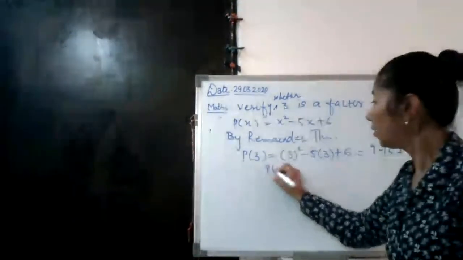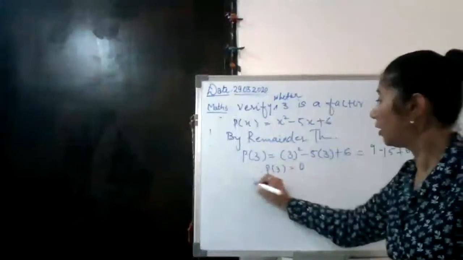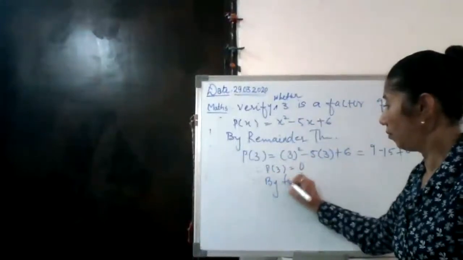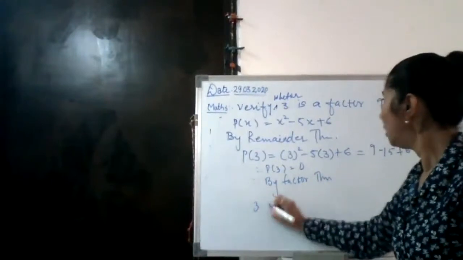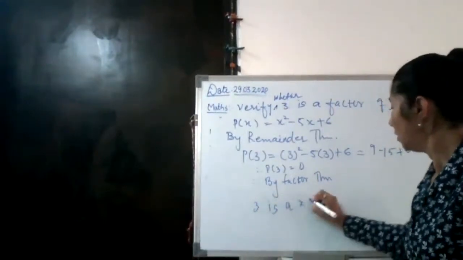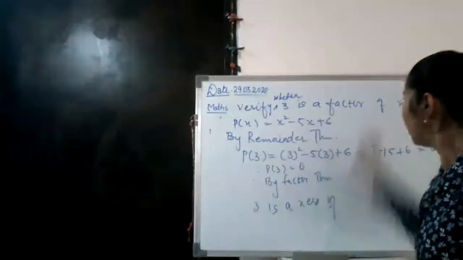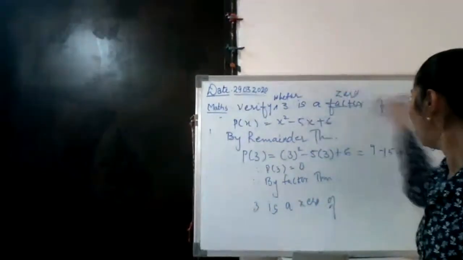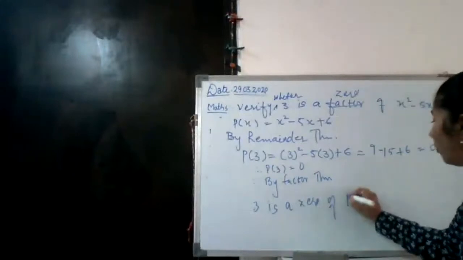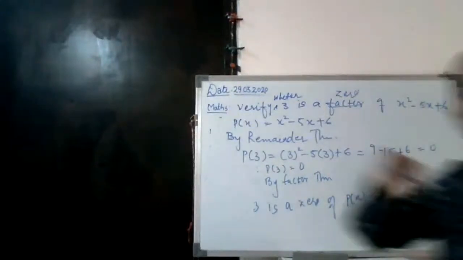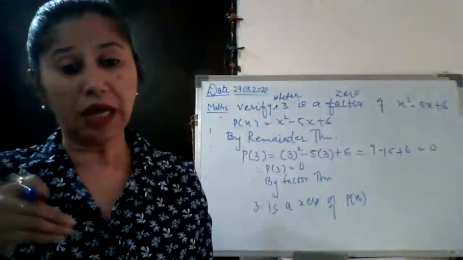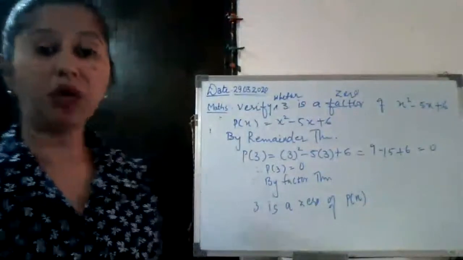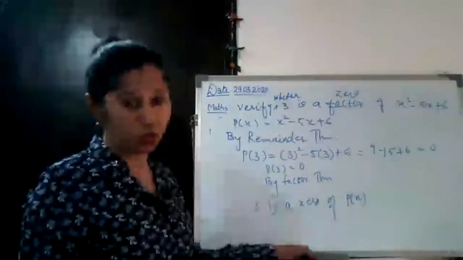Therefore, p of 3 is equal to 0. And therefore, by factor theorem, 3 is a zero of the given p(x). I hope it is clear. Yes. So very clear. I know, very simple. You have done the same in class 9. But now I'm talking about the cubic polynomial. So we need to do that.